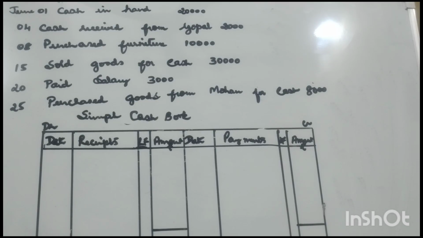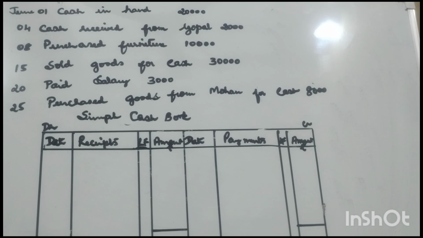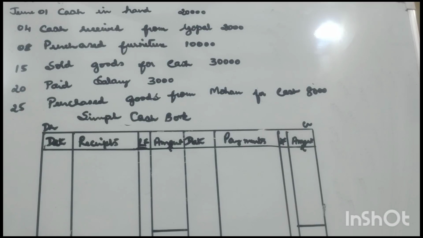It has to be recorded under credit side. This is how various transactions have to be either debited or credited based on the kind of transaction made by the firm.